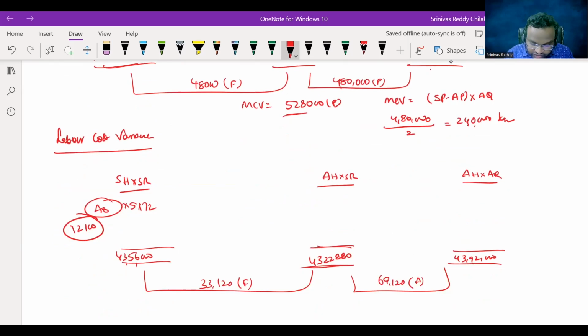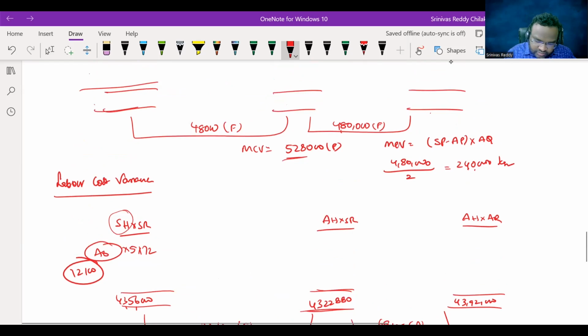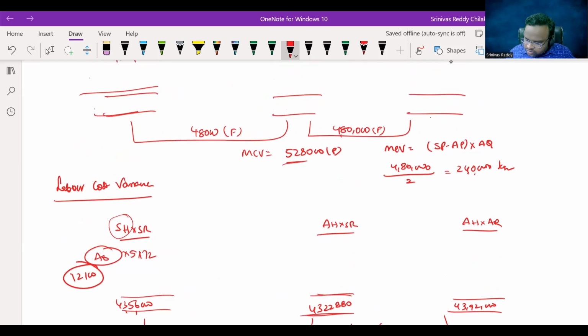Because standard hours is for which output? Standard hours for actual output. So then we have worked out this. Okay, 12,100 units. What is the next question? Actual hours worked. What is the actual rate? Did they give you any actual rate? If you want, you can work out by using standard quantity also. So 52,80,000 plus 5,28,000, you are getting 58,08,000.